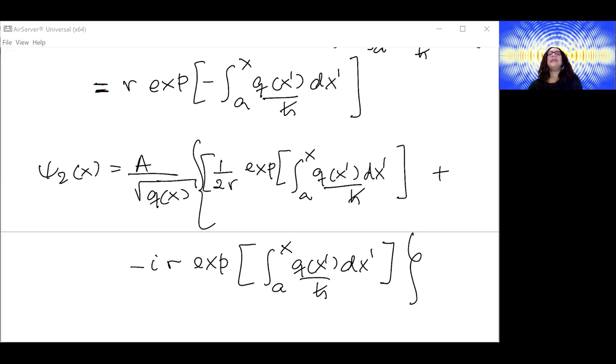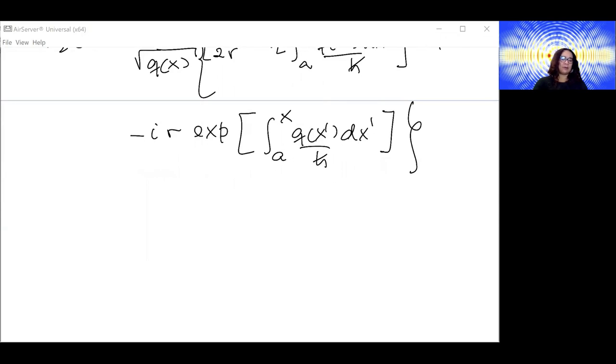So we are now in a position to apply the connection formula across a right-hand barrier, because now we want to go from 2 to 1. And from 2 to 1, what we have is this turning point here.